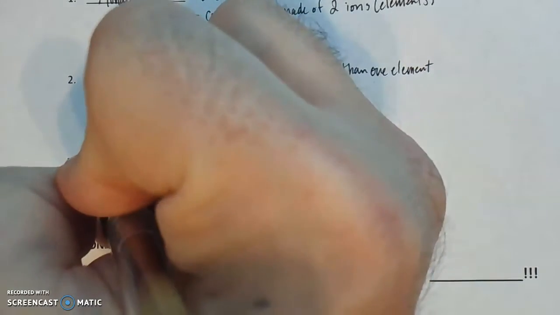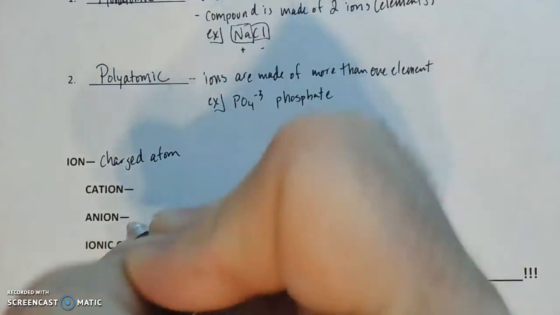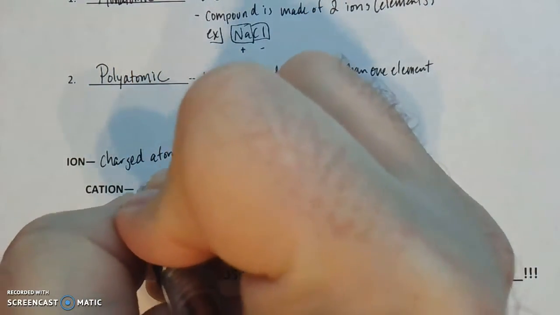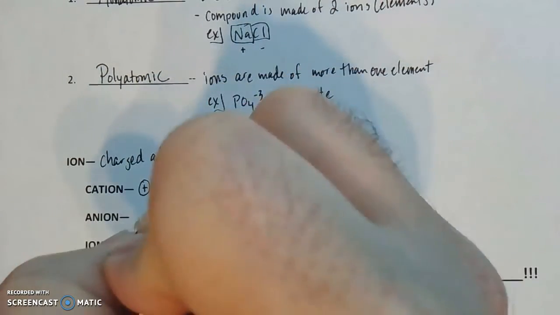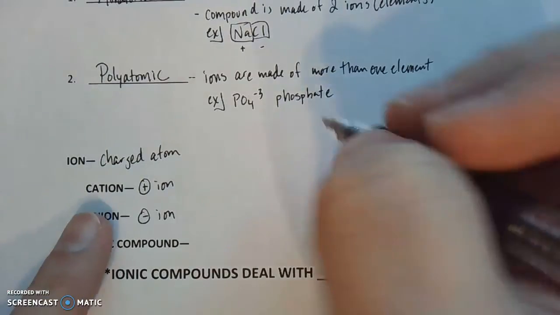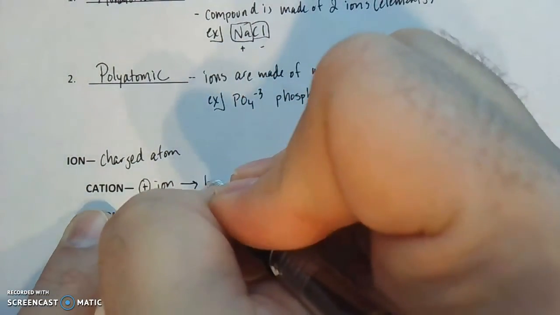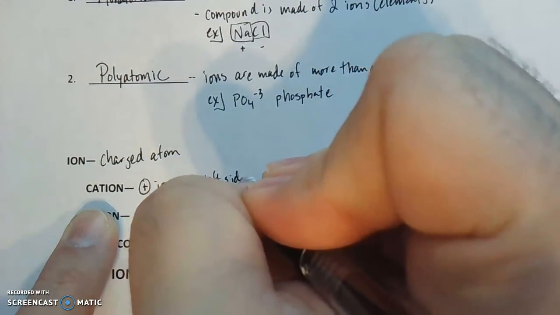And ions are nothing more than a charged atom. Cation was a positive ion, and an anion is a negative. So if you remember, cations typically are metals, the left side of the PT.